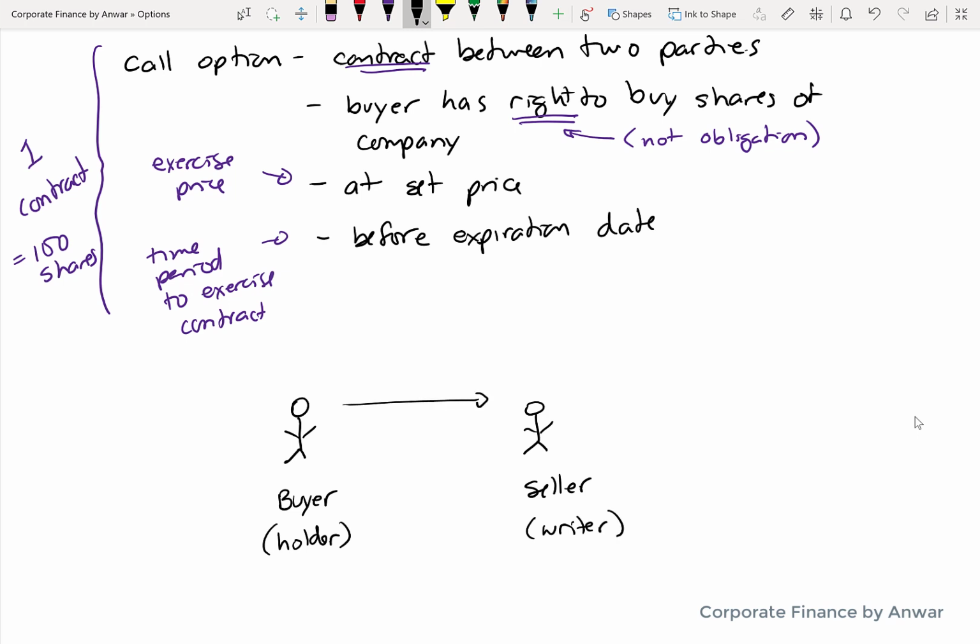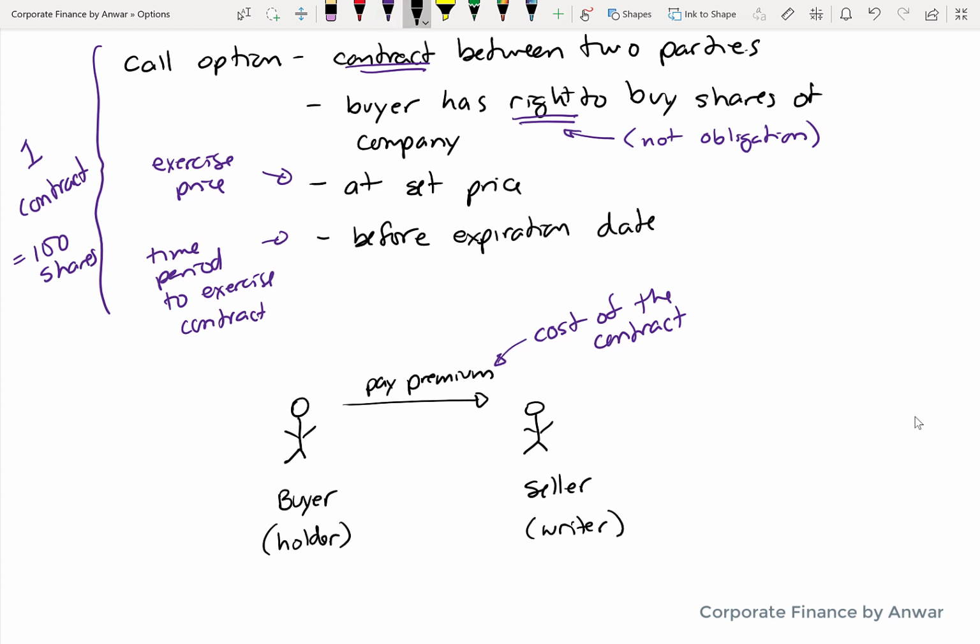So the buyer is going to pay a premium. That's the last term that I didn't mention. A premium is essentially the cost of the contract. If they're going to get this right, they have to pay something for it.